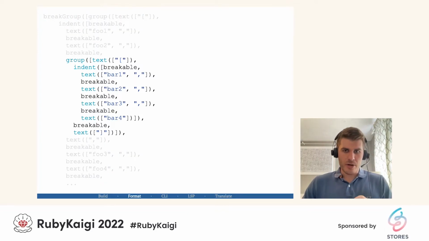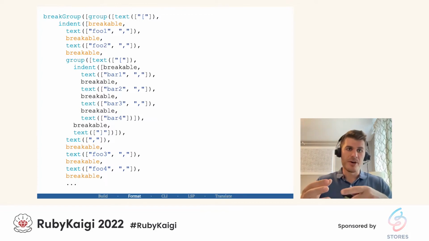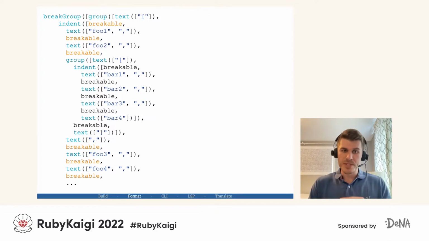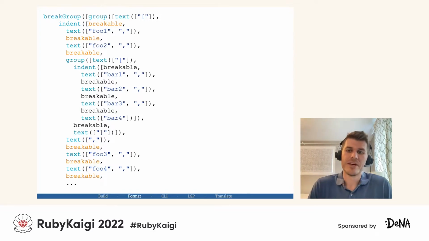This is the innermost group that includes the bars, and you can see these are the breakables. These are the places where new lines will get inserted if that group gets broken. That being said, these are the breakables on the top level, and those are the ones that will get broken first, because we always break outermost groups first.